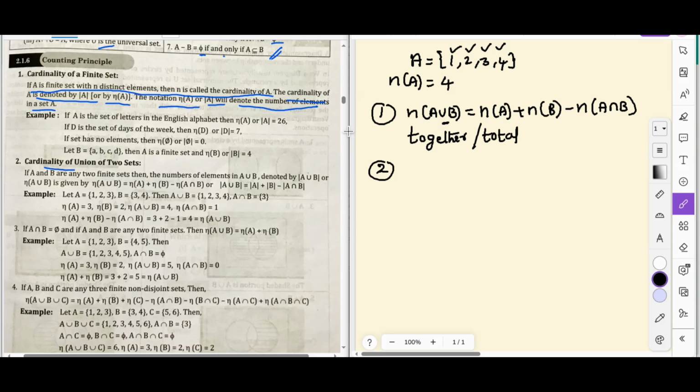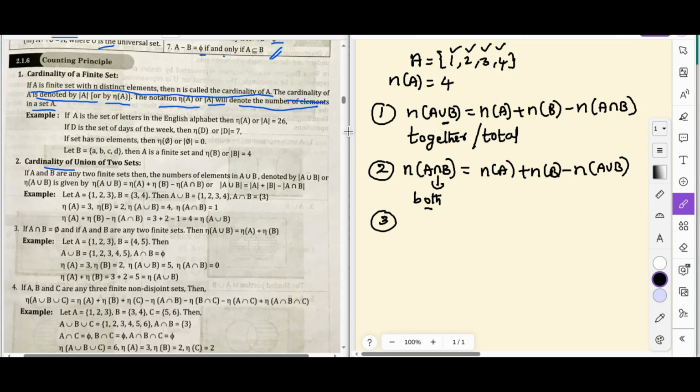Then second one we have is n of A intersection B, that will be n of A plus n of B minus n of A union B. So intersection means whenever they ask you to find both, if the word both comes in the question, we'll be using this formula.